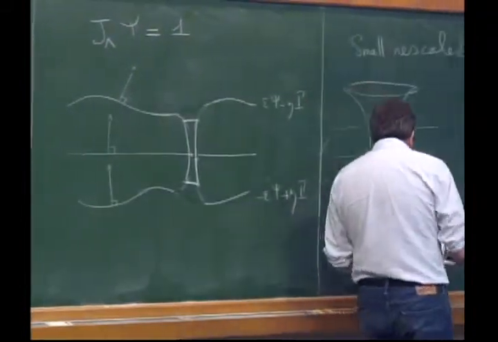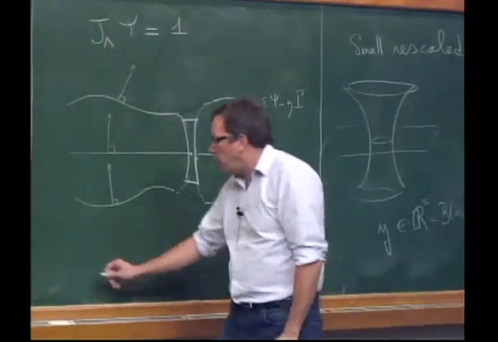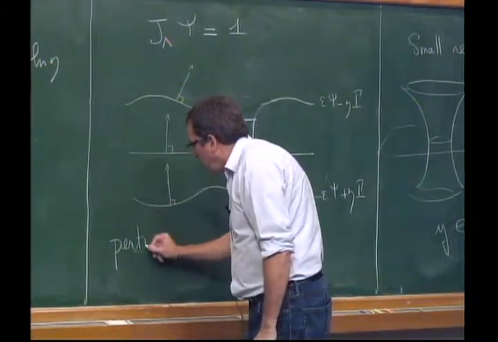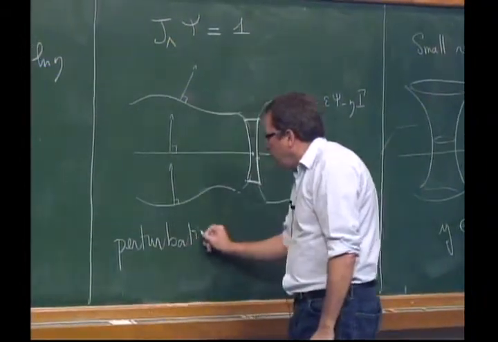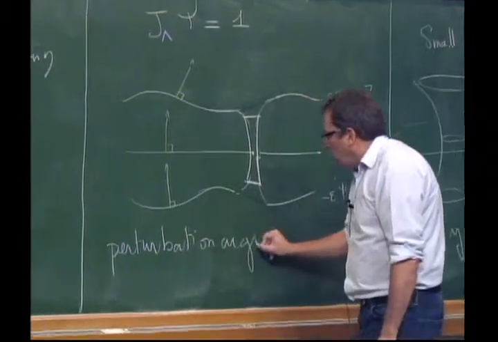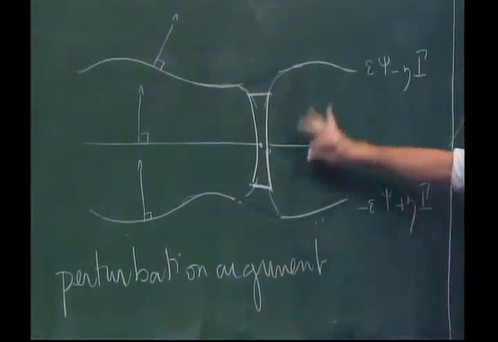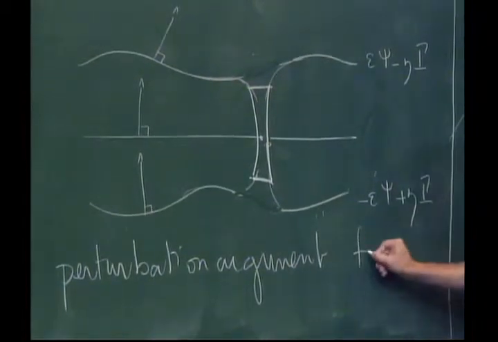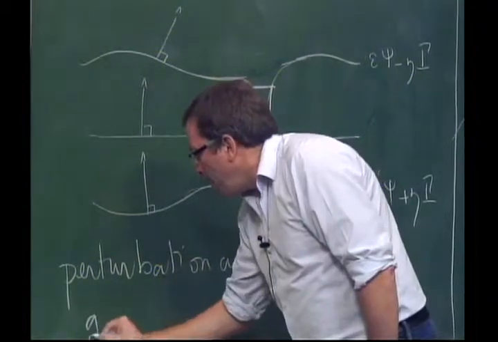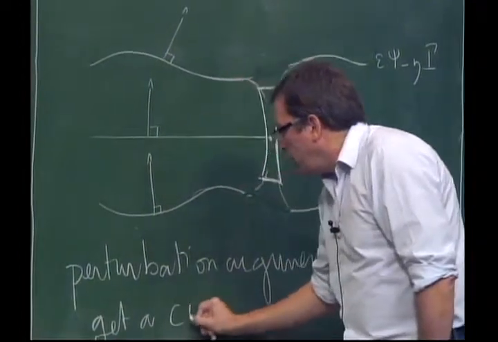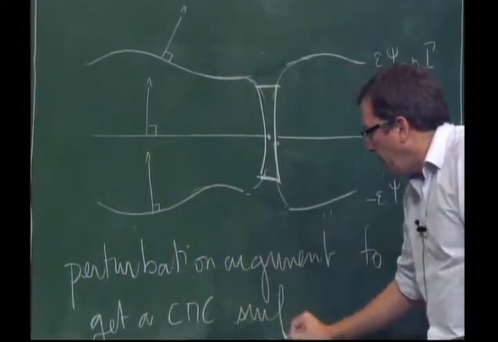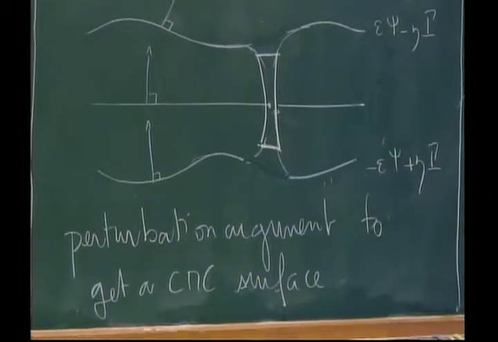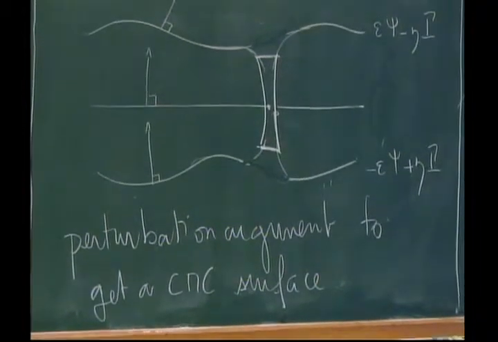And the last step is to do a perturbation argument, to perturb this surface into a surface that has mean curvature epsilon, to get a constant mean curvature surface. So here, this is where everything goes.